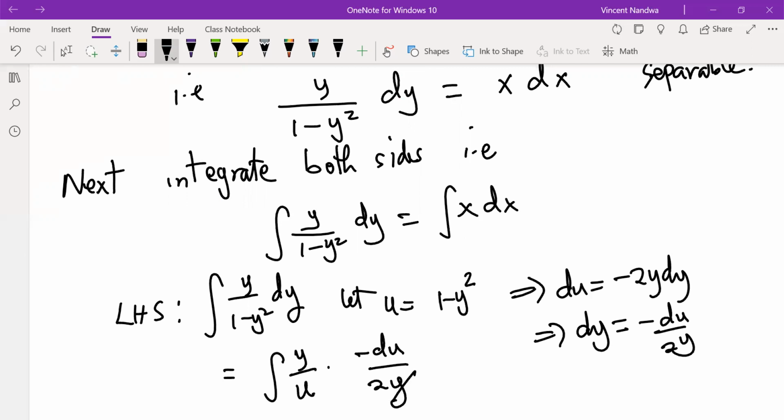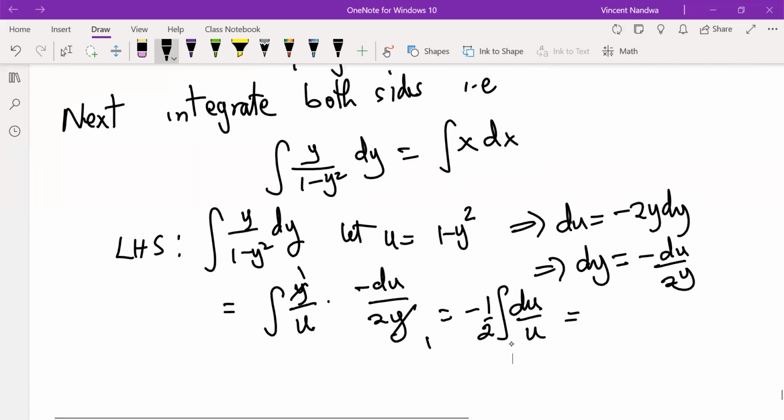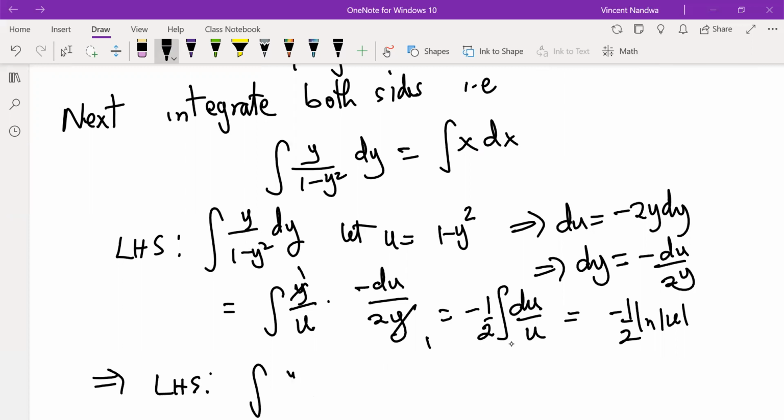So y and y cancel out. We'll have negative a half du over u, which will give us negative a half ln of u. So the left-hand side integral, y over 1 minus y squared dy, is negative a half ln of 1 minus y squared.